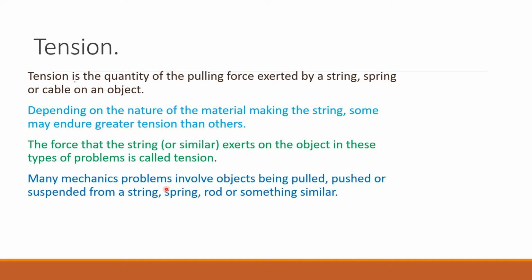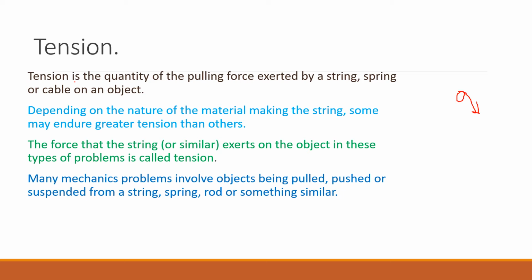Many mechanics problems involve objects being pulled, pushed, or suspended from a spring, string, or rod or something similar. For example, in a pulley system, a pulley looks like this. This is what we call a pulley. A pulley is made up of a string.